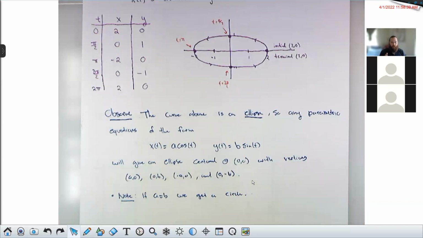So this gives us a way of writing circles and ellipses in parametric form. In other words, we can parametrize the circle or parametrize the ellipse.